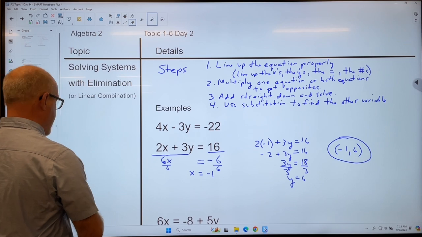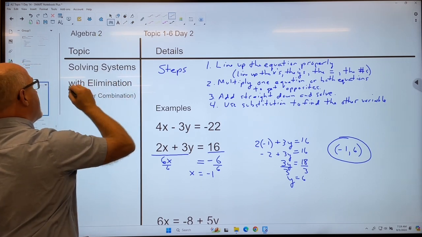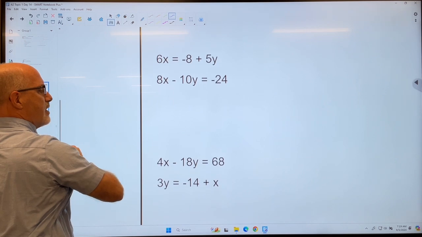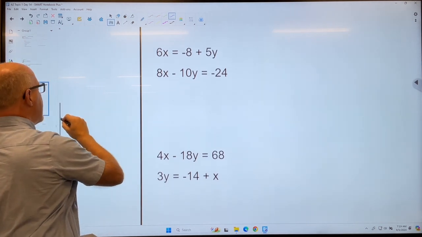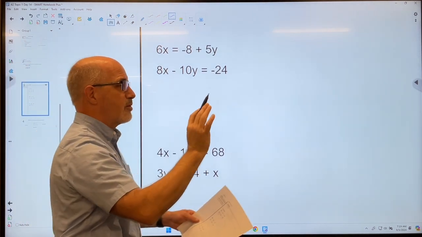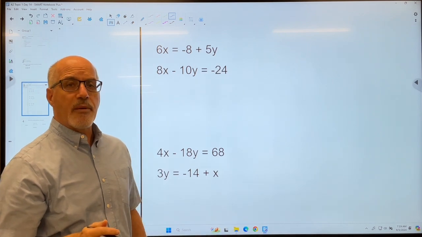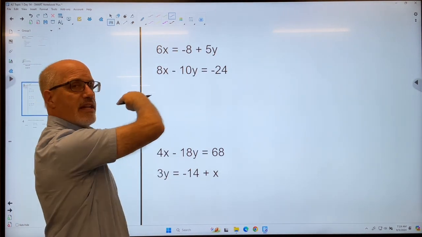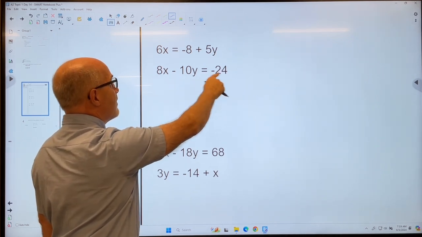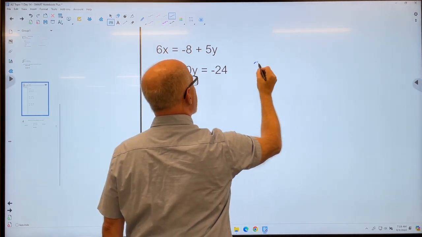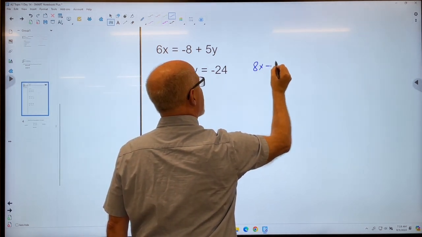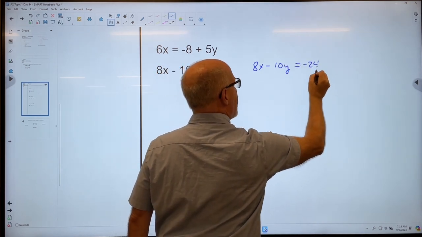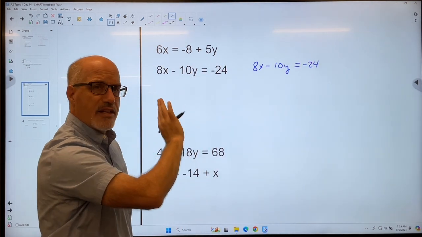All right, let's try the next one. Now this next one doesn't have any of the steps completed yet, so we want to follow all 4 steps for this. So notice that on this one, we don't even have the x's, y's, and equal sign lined up. So what I'm going to do first is get the x's and y's on the left side of the equation. So I'm going to leave this equation alone. 8x minus 10y equals negative 24. I'm going to leave the x's and y's on the left side, the number on the right.